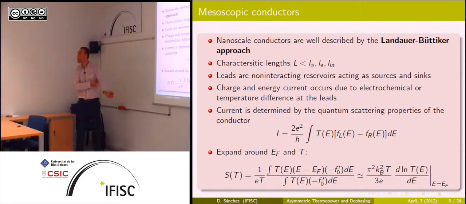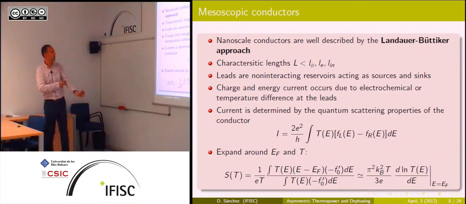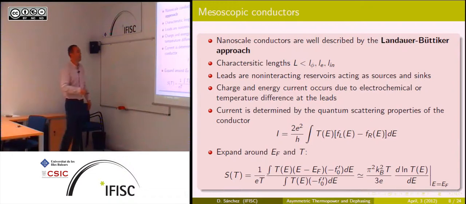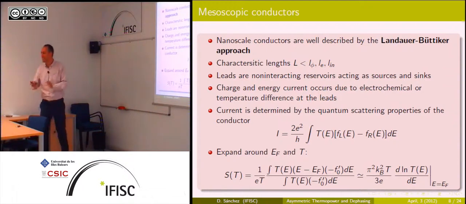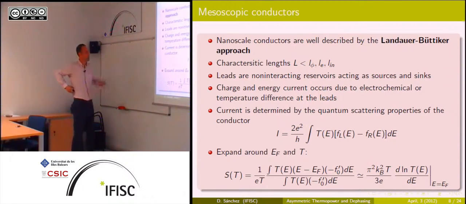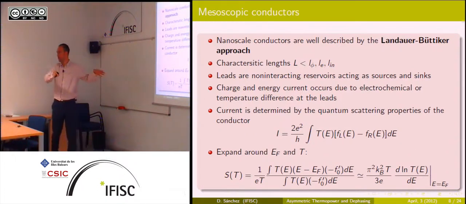Sorry, the T is transmission and also temperature. When the transmission is a function of energy, T of E is transmission, and this T alone is temperature. I would change the notation slightly later. So we have transmission here times energy minus the Fermi energy, and here we have the derivative of the Fermi distribution function evaluated at equilibrium.